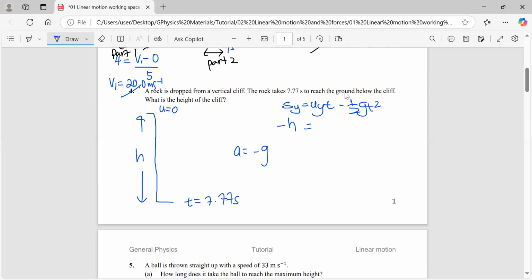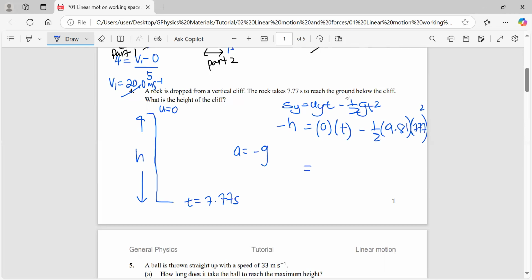Okay. So then my u_i is 0, so the whole thing will be 0. 0 times the time, minus half times 9.81 t squared, which is 7.77 squared.